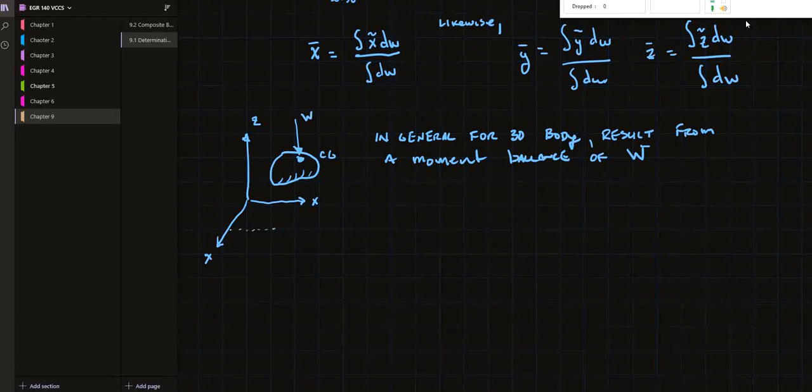So we can have an x bar there, a y bar there, and a z bar up to the center of gravity there. So it's a moment balance of this W about the x, y, and z axes.